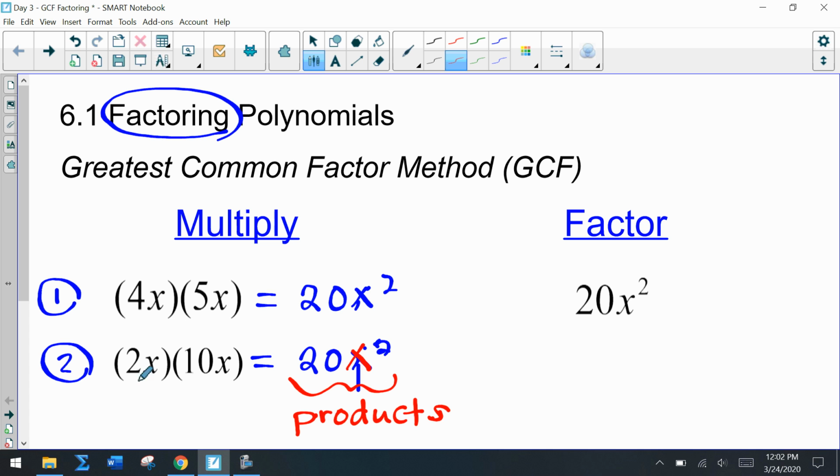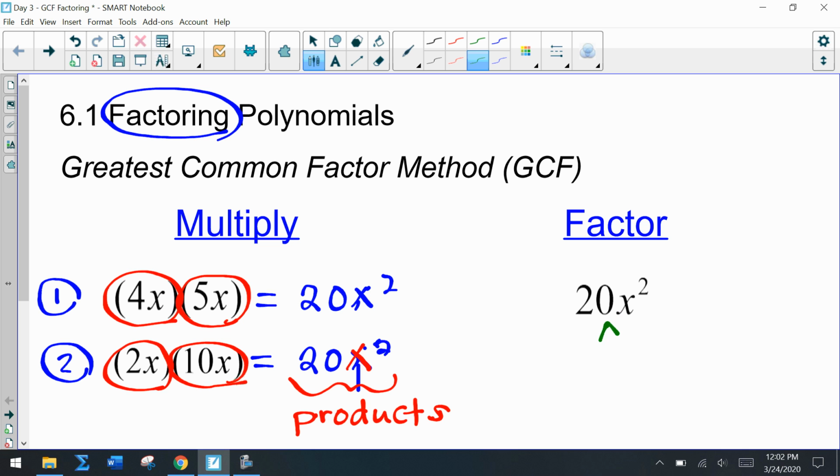Or a product. And then for number one, the factors of the product would be 4x and 5x. So the numbers that I multiply together to get the product. And then for number two, we have different factors, but notice how when you multiply those two, you also get the same product. So factoring is undoing that multiplication.